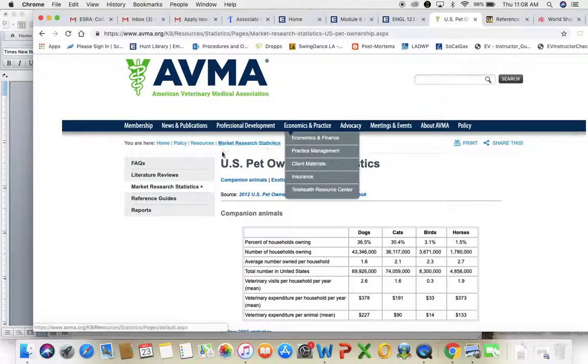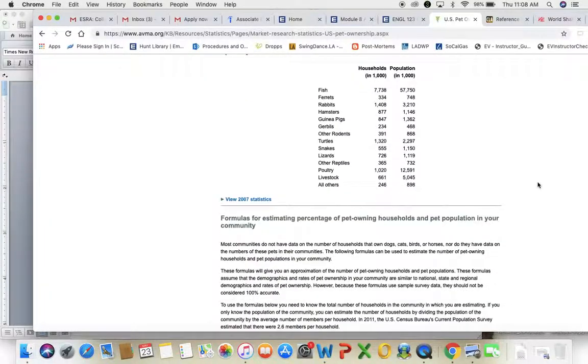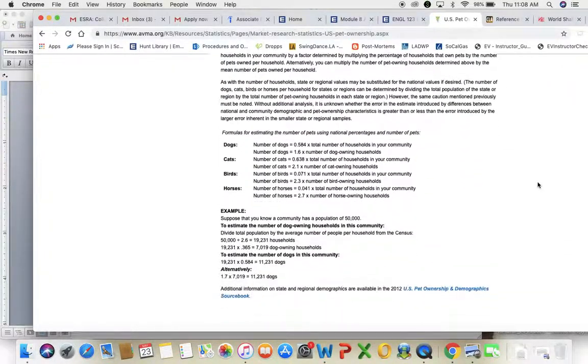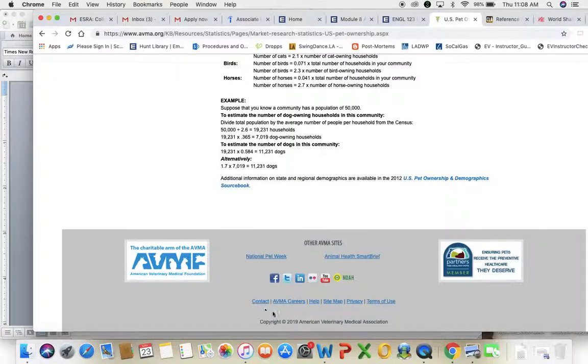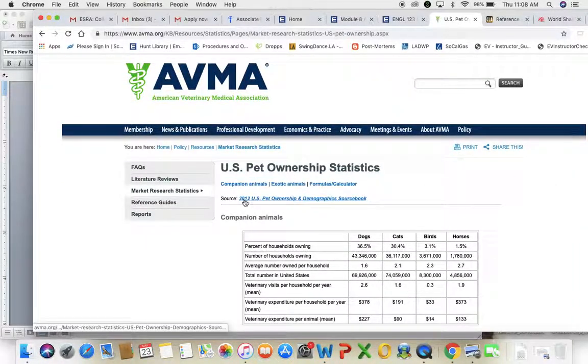So the title is U.S. Pet Ownership Statistics. There's no author, and then we have 2019. But I think saying 2012 because the information they're printing is from 2012.